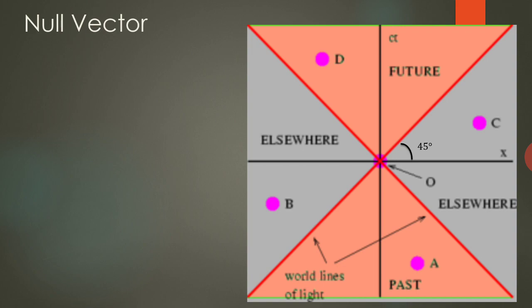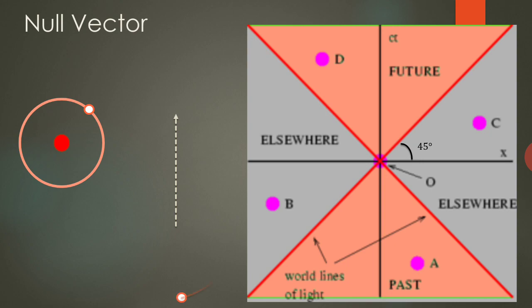Any vector in Minkowski space is represented by a world line. For example, I am taking the case of a planet revolving around a star. This rotatory motion in space should be plotted as a function of time along the z direction.